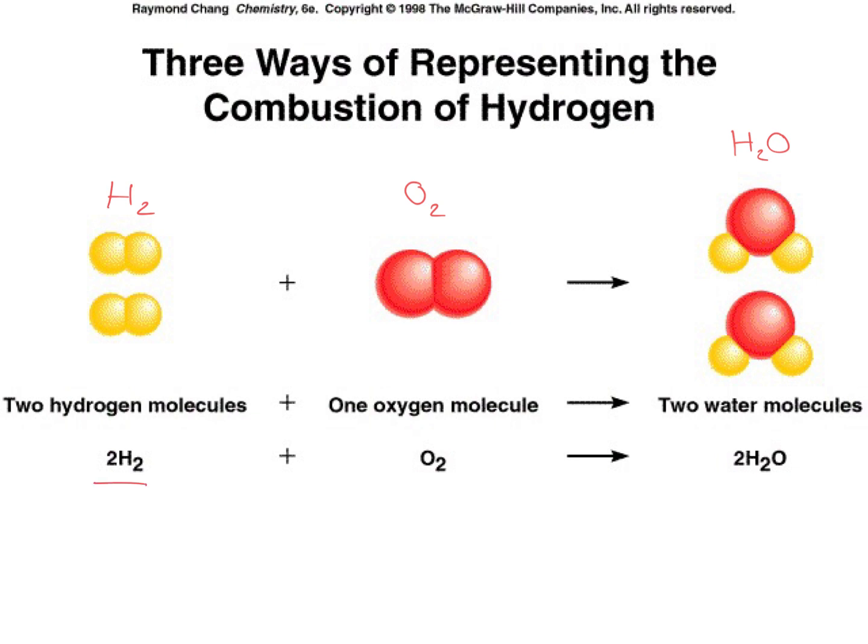So actually this is the balanced chemical equation: 2H2 with oxygen O2 makes 2 water molecules, H2O. This is balanced because we have the same number of hydrogen on either side. We have 4 hydrogen here and 4 hydrogen here, 2 oxygen and 2 oxygen here, so it's balanced.